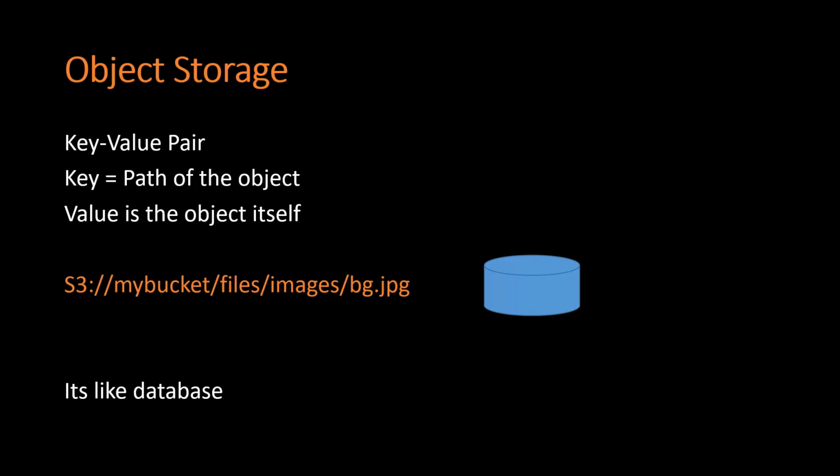Inside that you have a directory called files and then images, and the object is bg.jpg. The key is the bucket name, like my bucket, and then the directories files, images, and then bg.jpg. And the value is the file itself. So you can consider it something like a database where you mention the key and the value is the file itself. So you can always access the object from its key.